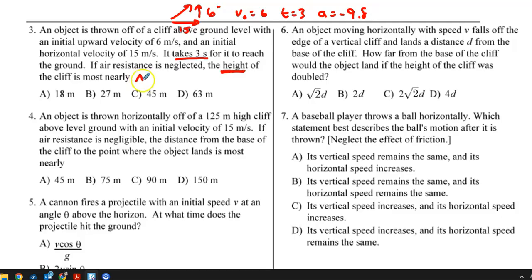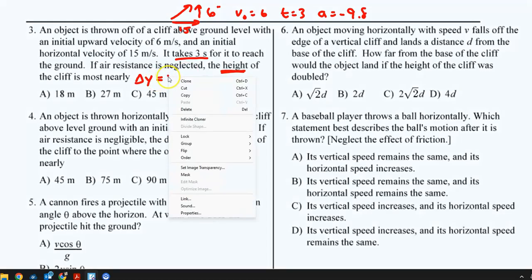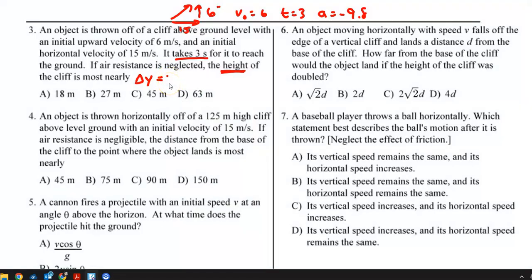So delta y is equal to V naught y times t minus 1/2 g t squared. I'm just going to put in numbers. V naught is 6. The key thing is it's the vertical velocity times the time, 3, minus 1/2.